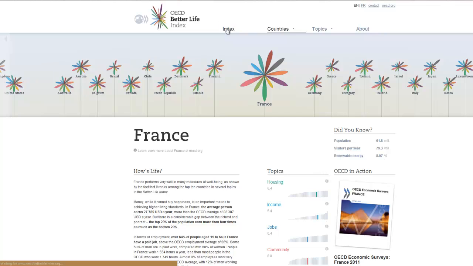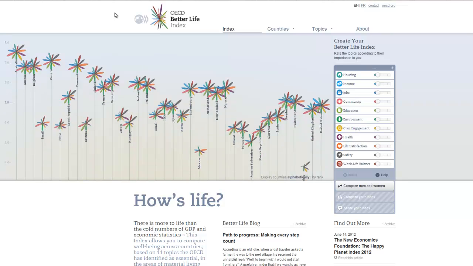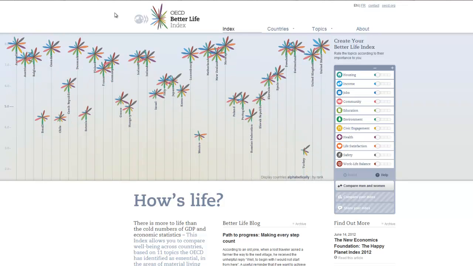So if I go back to the main index here and go back to my initial flowers, this is really a neat set of data. You can always nitpick on the quality of an indicator, or the composition and how it was calculated. The health indicator here just comprises two sub-indicators, life expectancy and self-reported health.